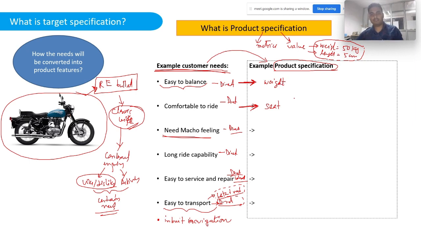So we can specify the weight of the bike. And for comfortable to ride, we can provide the suspension specification, whether it has two shockers or a single shock system, and the macho feeling.